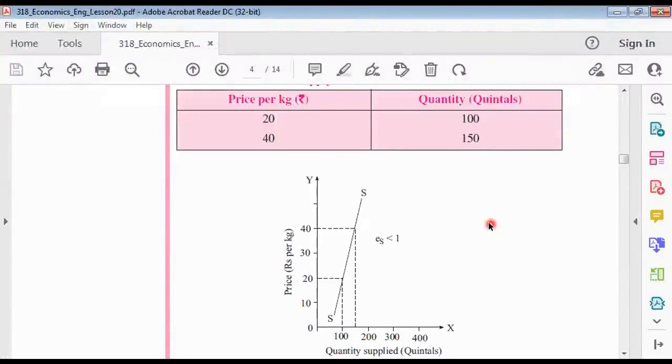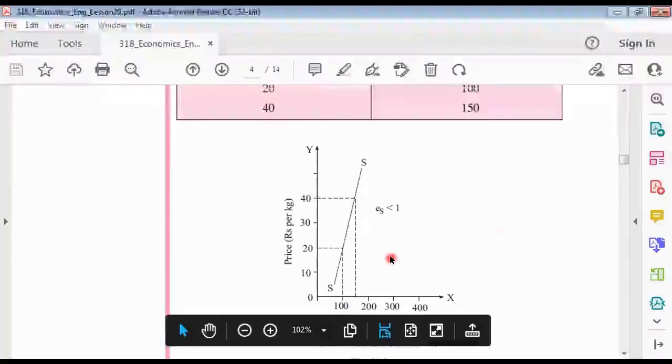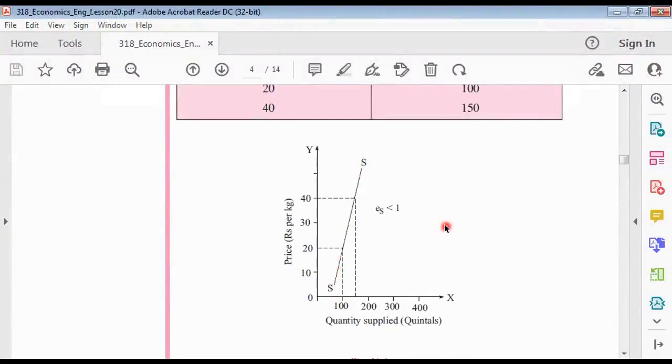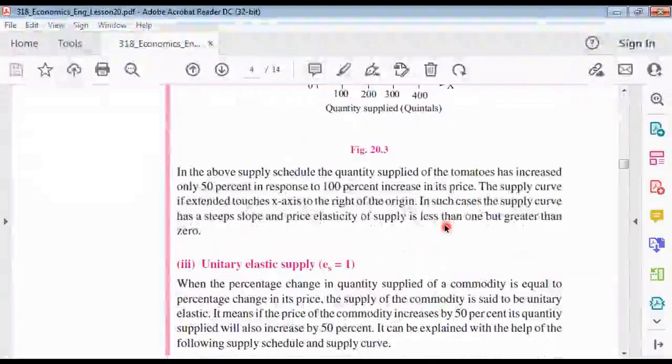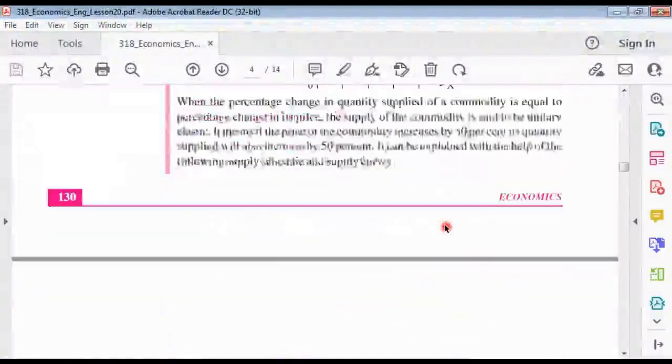Then only you'll find a value which is less than 1. And the graph, you remember, you need to draw it very steep. Now, what's the trick to draw the graph? You need to draw it very steep. That's the secret of drawing this graph. So less than 1. And same way I'll go.